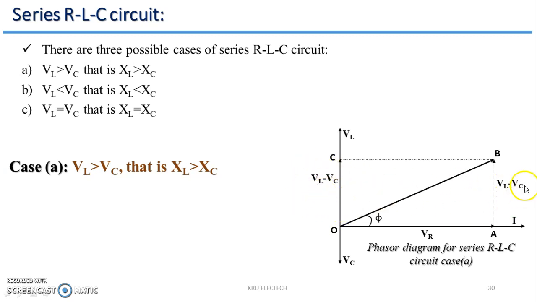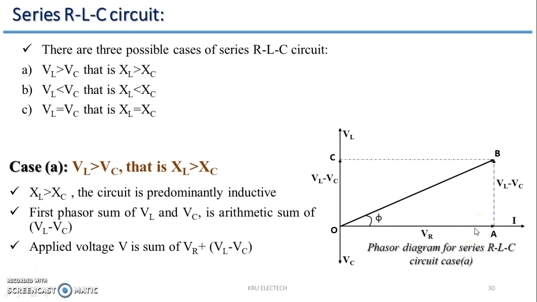Then this is the VR. By adding VR and VL minus VC, you find the resultant voltage V. The current in the circuit is in the same phase with the resistive drop VR. Because VL is larger, VC is deducted from VL, and that part is larger.